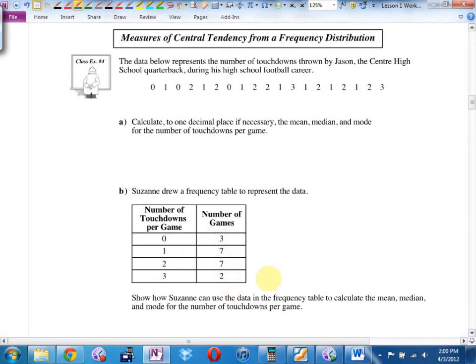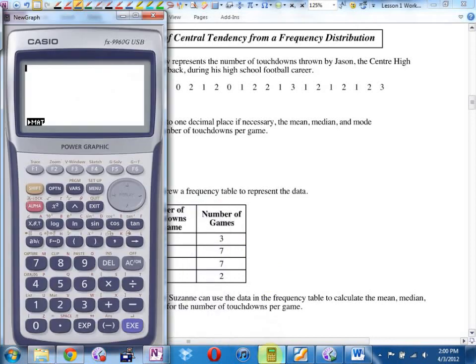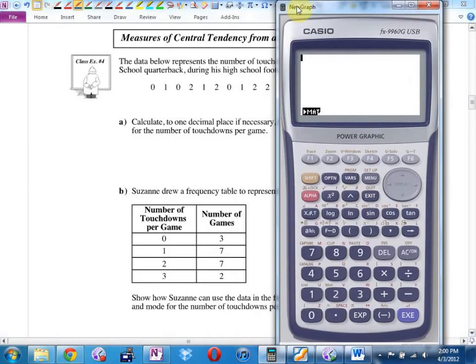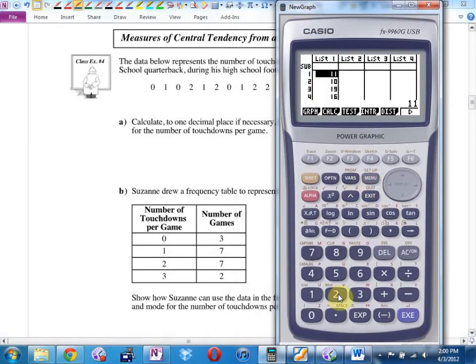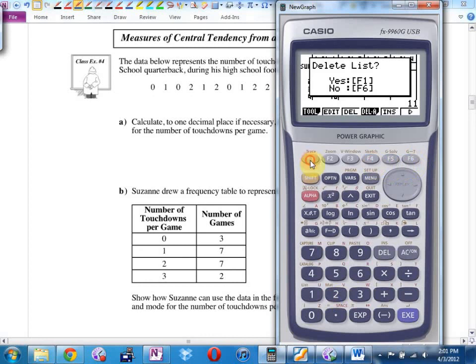Let's see if we can enter this into our graphing calculator. So bring your graphing calculator up. I'm in the run menu, so I'm going to have to go menu back into the stat menu. How do I delete all? Oh, F6, F4. There, I've cleared my list. You get the hang of this.